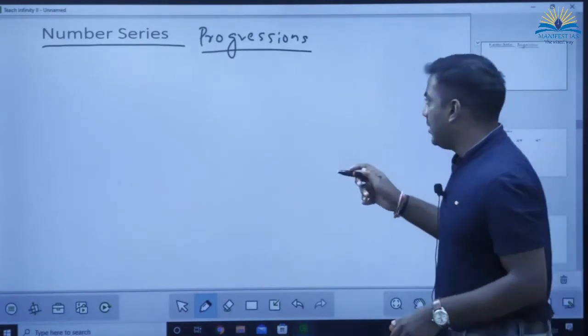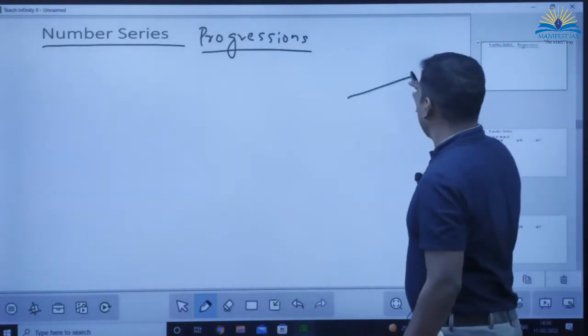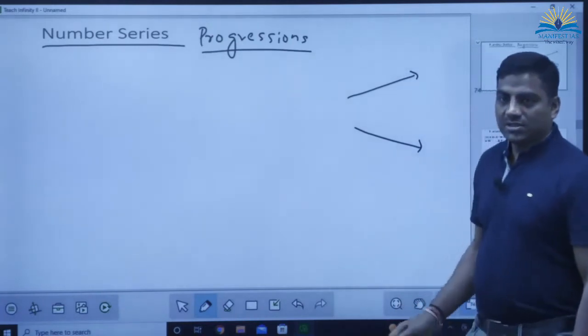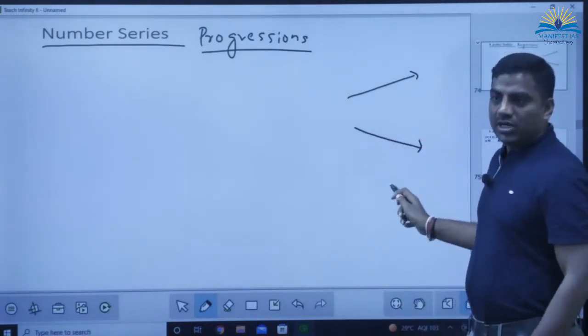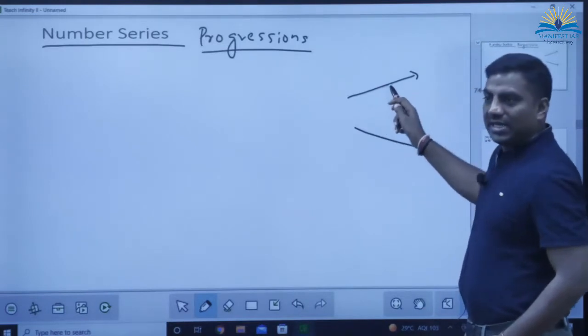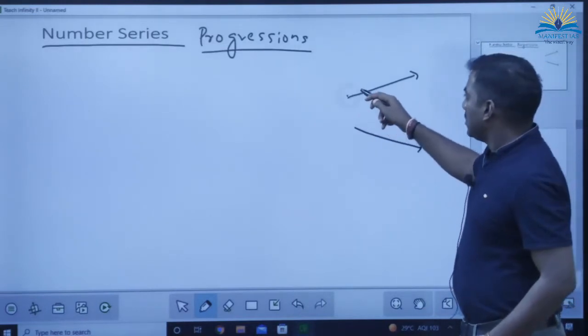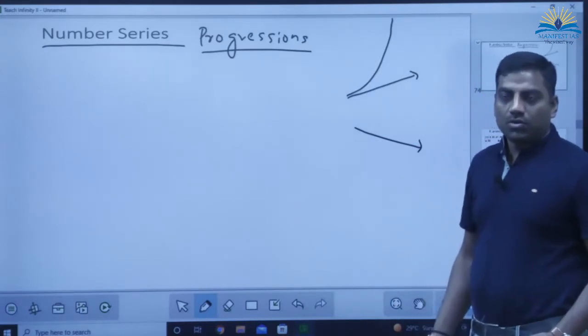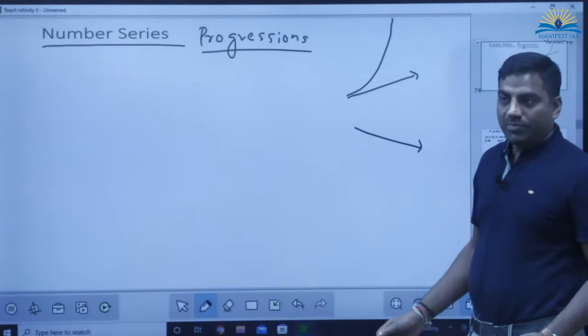Okay. So basically, there can be growth. There can be regression. This is called progression. This is called regression. Sometimes the growth is linear. This is linear growth. Sometimes the growth can happen exponentially.